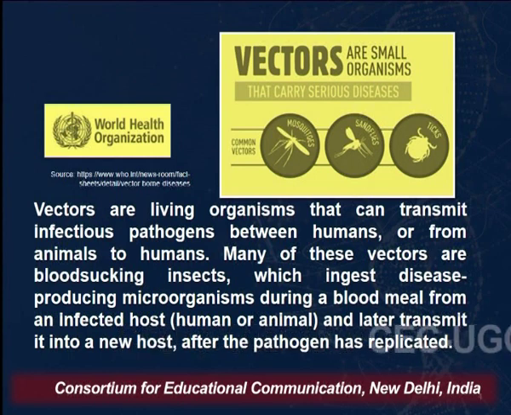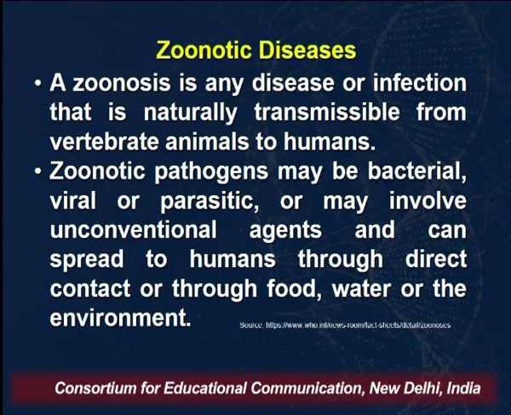Now, we come to a very interesting term, which is zoonotic diseases. Zoonosis is basically diseases or infections that are naturally transmissible from vertebrate animals to humans. The zoonotic pathogens may be bacterial, viral, parasitic, or may involve many unconventional agents also. They are spread to humans through direct contact or through food, water or the environment.